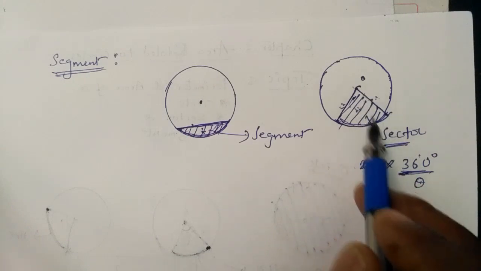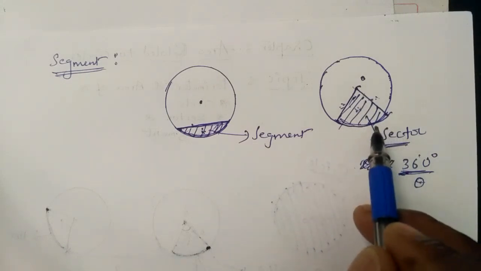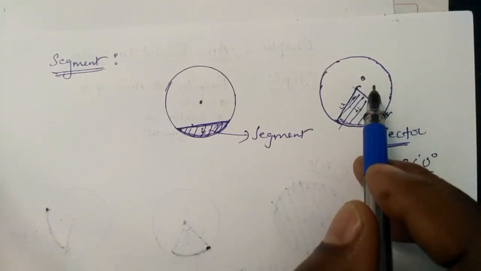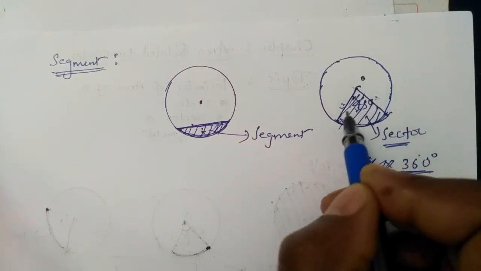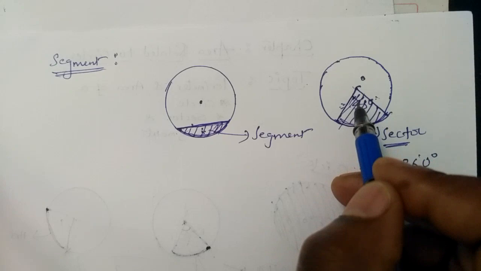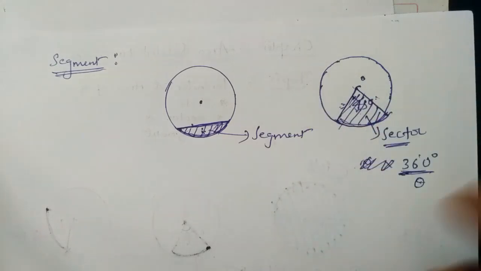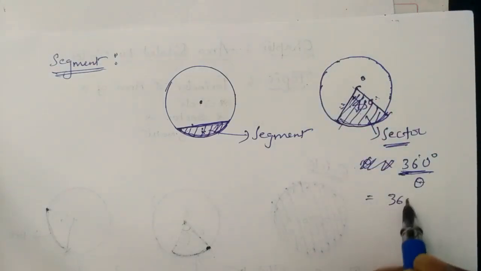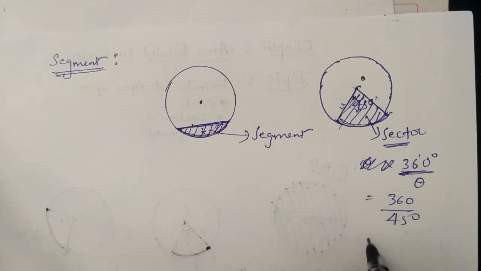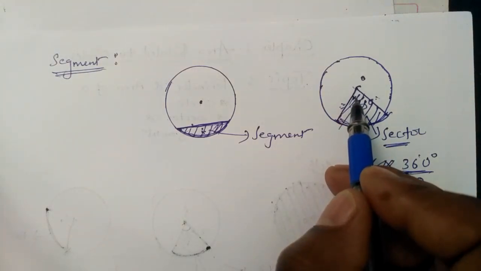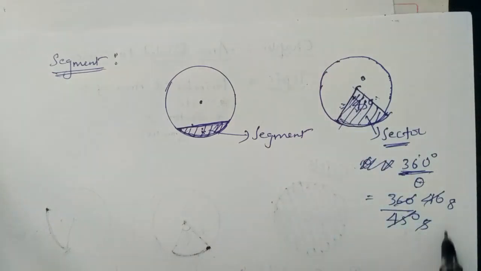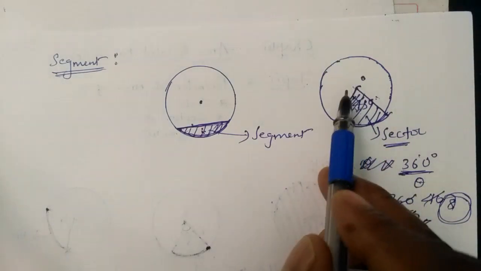In a sector it is easy to understand what part of the circle it is. Suppose it is 45 degrees, we easily say 45 degrees. So the whole circle is divided into how many parts? 360 degrees divided by 45 degrees: 9 fives are 45, 9 fours are 36, so it is 8. So if 45 degrees is given at the center of the circle, the whole circle is divided into 8 parts.